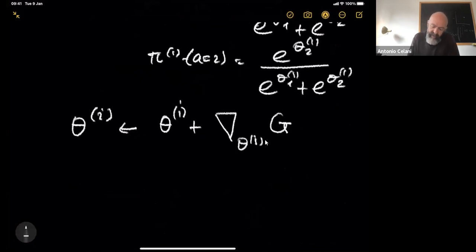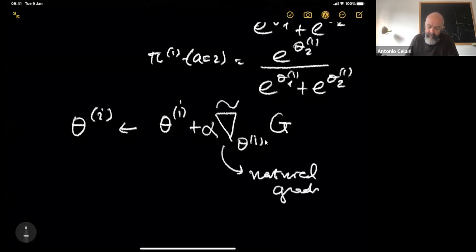So there's a learning rate here. In particular, what we want to do in this case is to use the natural gradient. The reason why we want to use the natural gradient will be clear, I hope, soon.